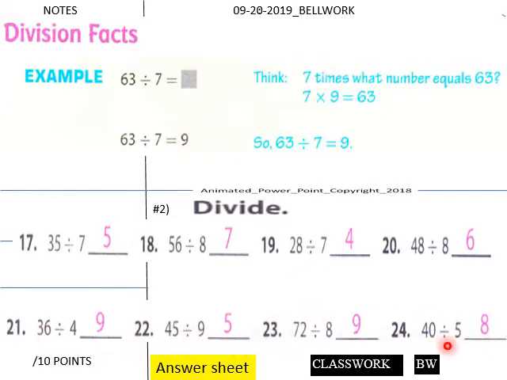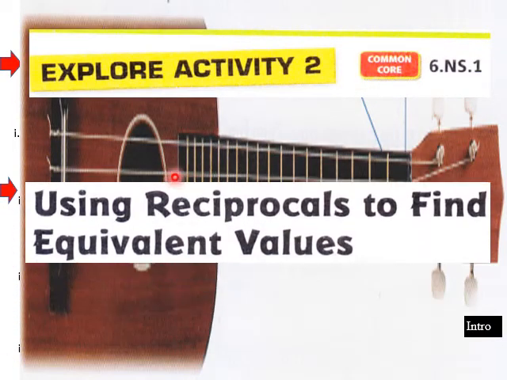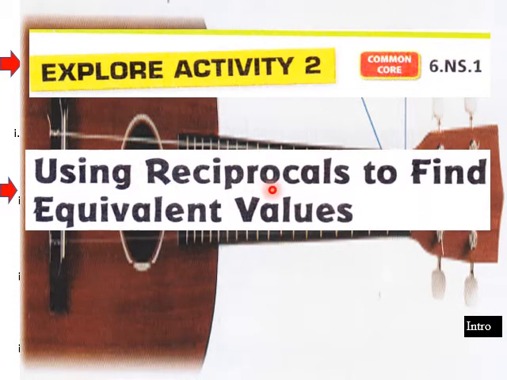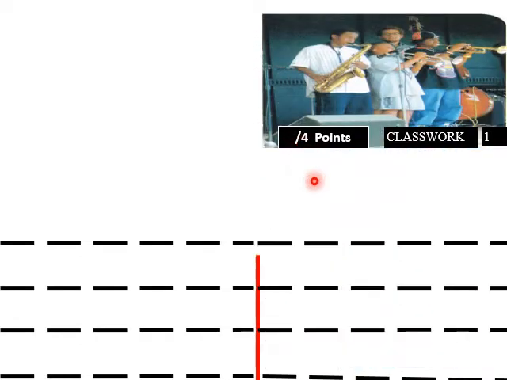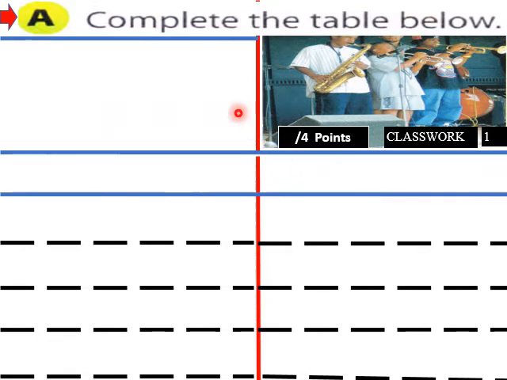10 points here, students. Let's go into our intro on this lesson, the explore activity, using reciprocals to find equivalent values. Reciprocals, that's a big word. What is a reciprocal? Let's try to find out on page 1 of our classwork lesson today.